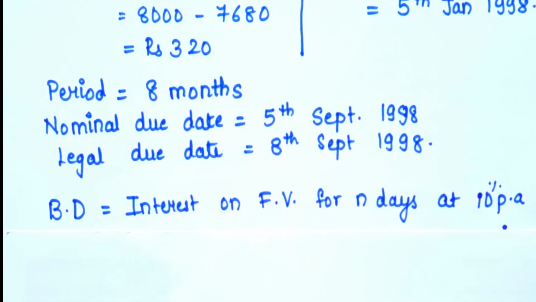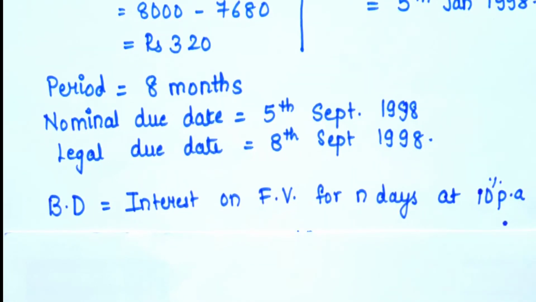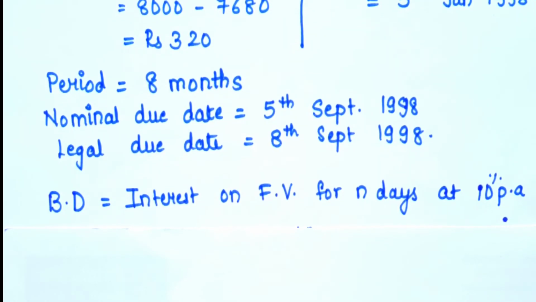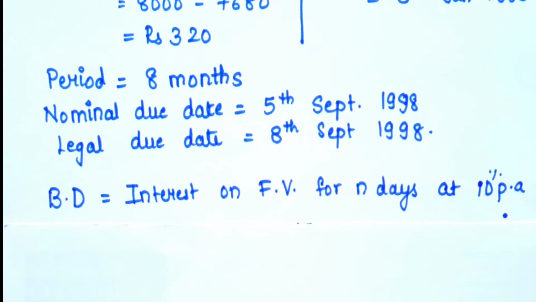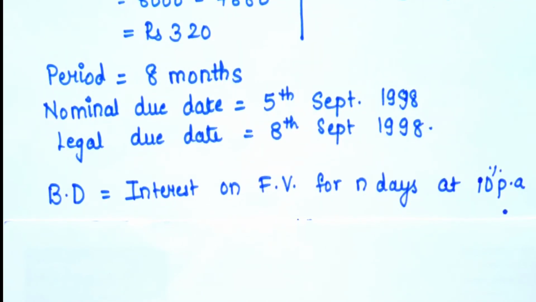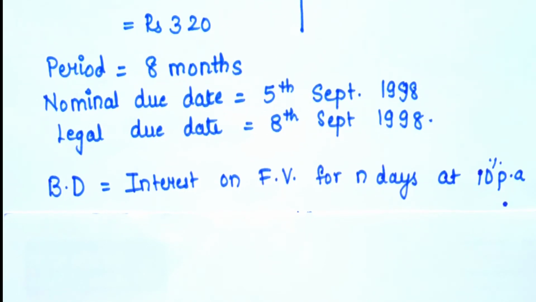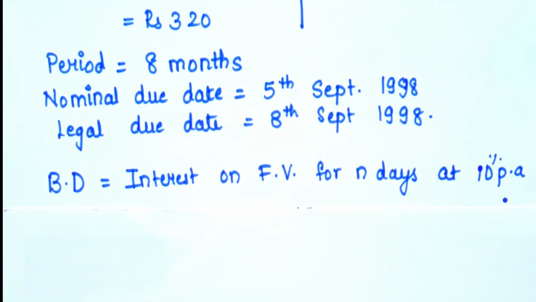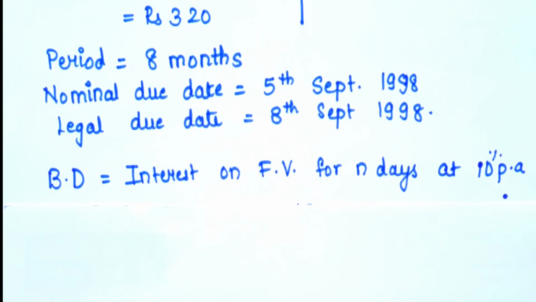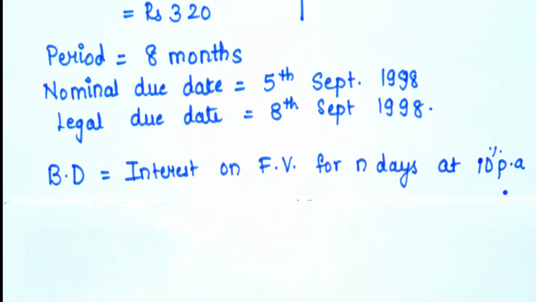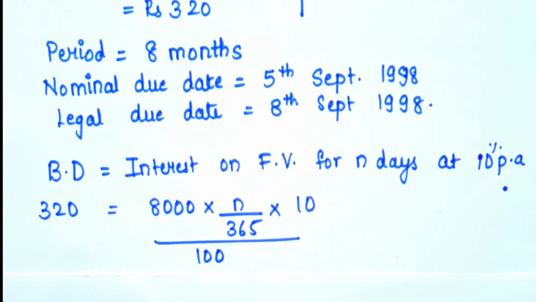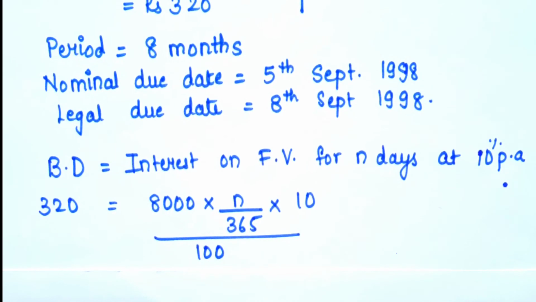Going ahead, what is banker's discount? Banker's discount is interest on face value for n days at 10% per annum. You've got the face value, you've got 10%. Number of days is not known to you, so we take it as n. Just calculate simple interest like this.